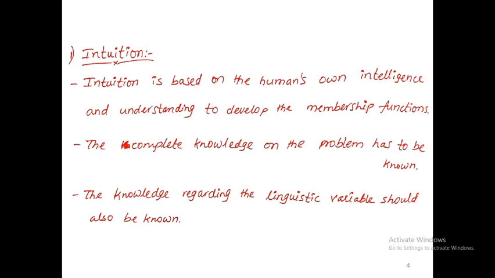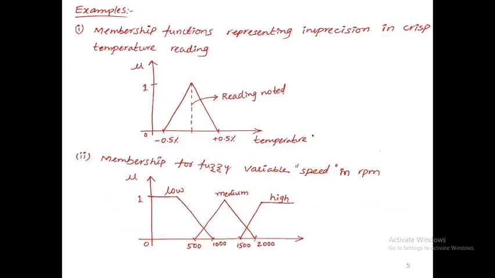This intuition method generally follows this approach only. The intuition method is completely based on the human's own intelligence. If we take one example for the intuition method, the first example is membership functions representing the imprecision in a crisp temperature reading.